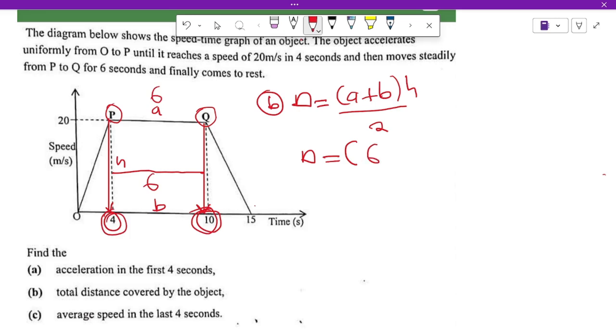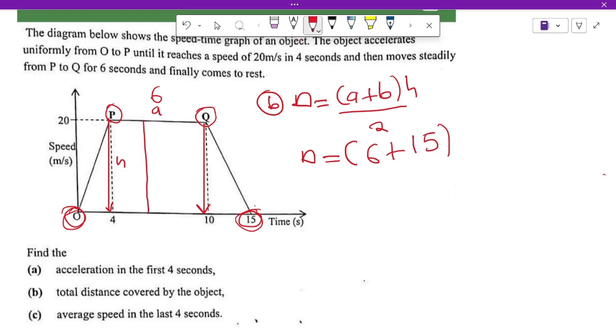So we're going to say 6 plus, what is our B? Our B is the distance from O to 15 here. So simply say 15 minus 0, giving me a 15 there. What is our height? Our height is basically the distance from there to here.